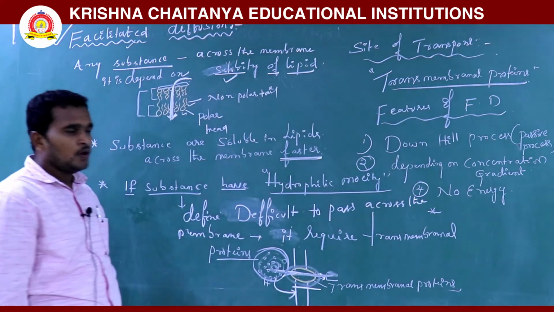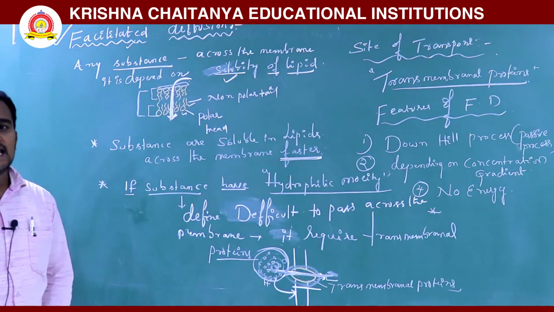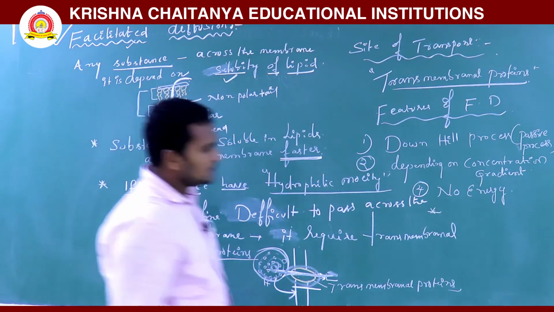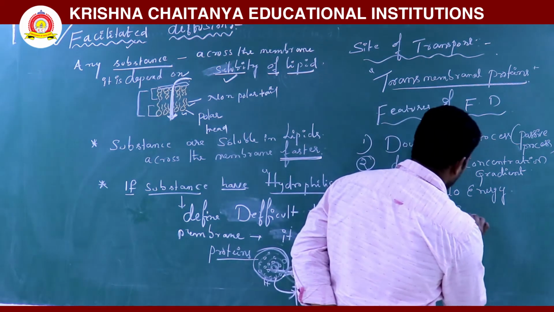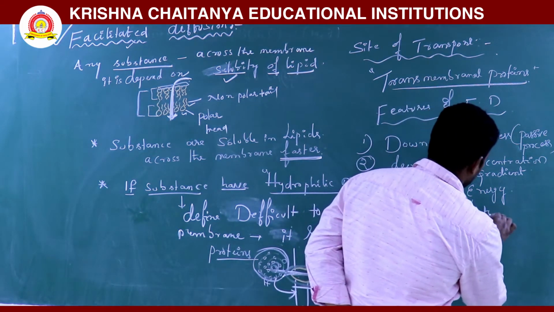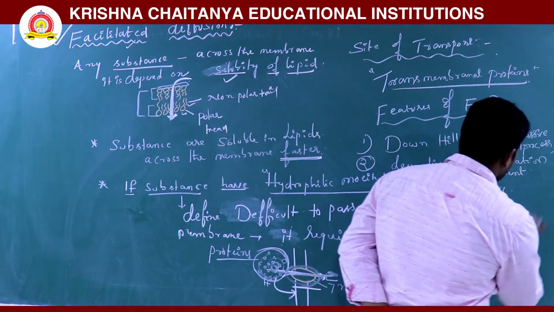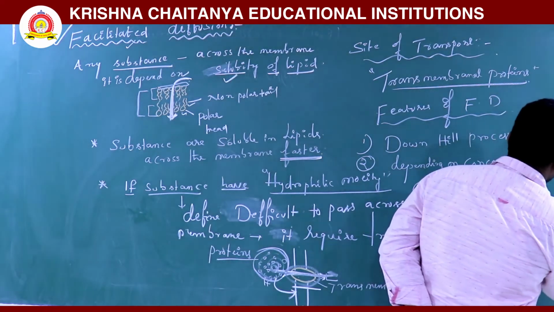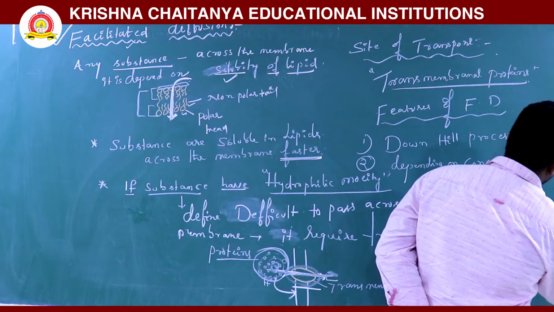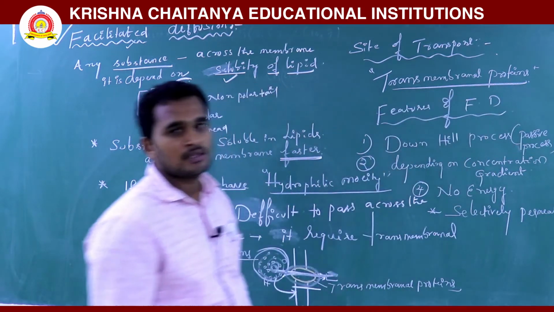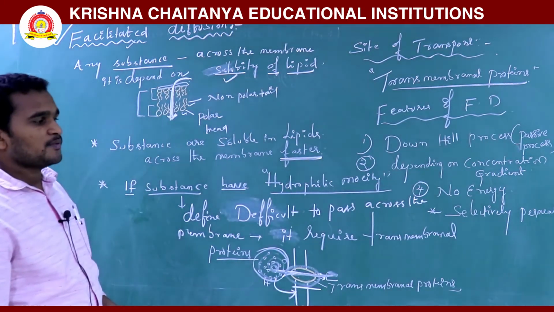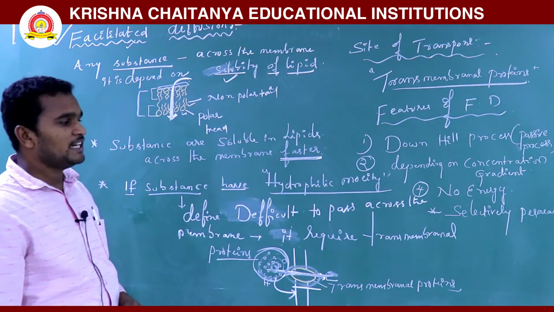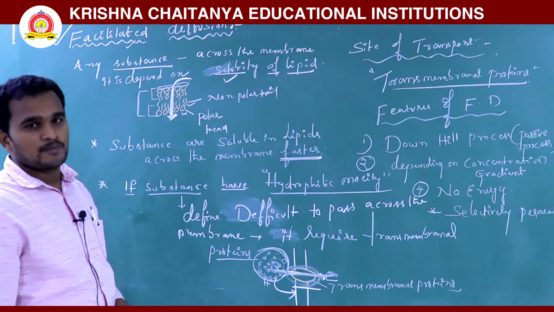And it is also mainly selectively permeable. Why is it selective? Because some substances inhibit the protein function, so it selects only certain substances.